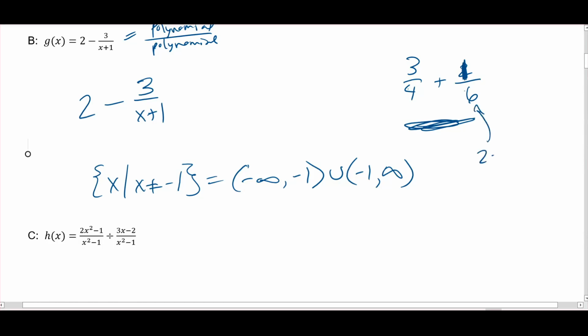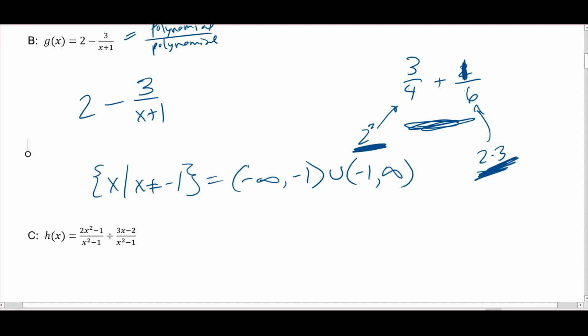So I know that this is 2 times 3, and I know that this is 2 squared, right? A factorization. So the least common denominator is going to be the smallest number that both of these numbers divide evenly into. So it's going to need a 2 squared, and it's going to need a 3, right? So that's the least common denominator.